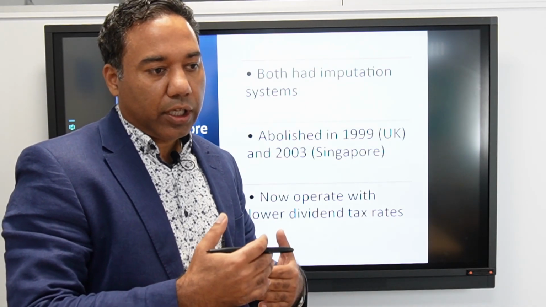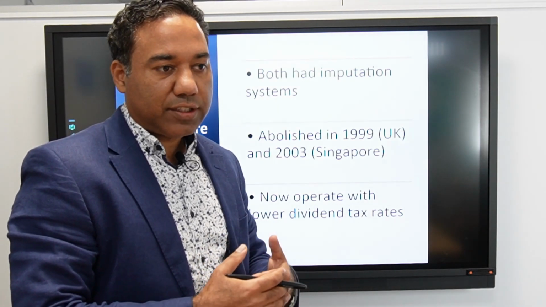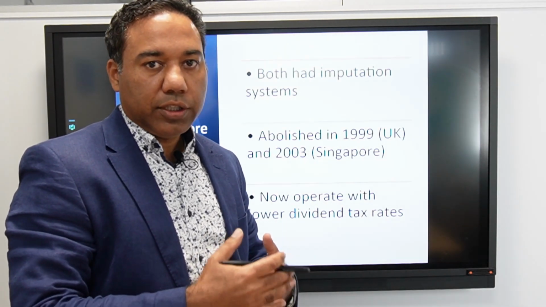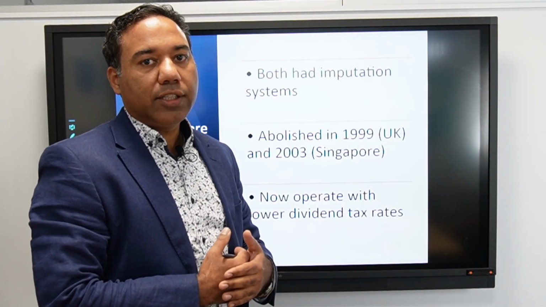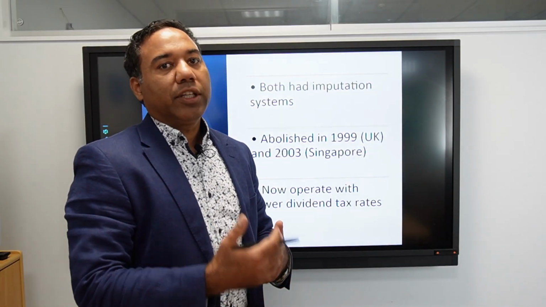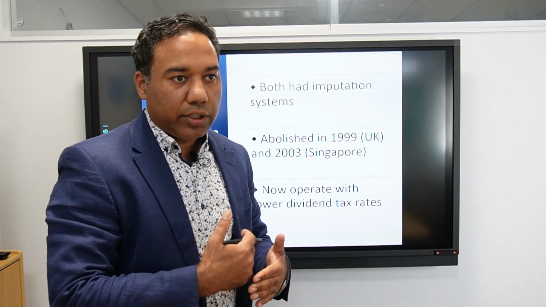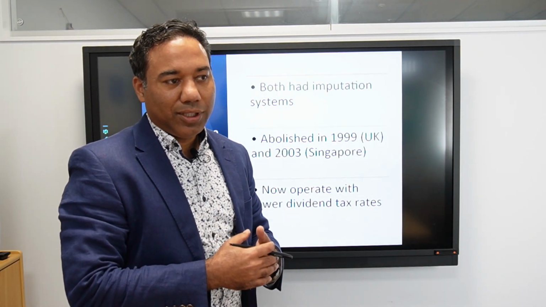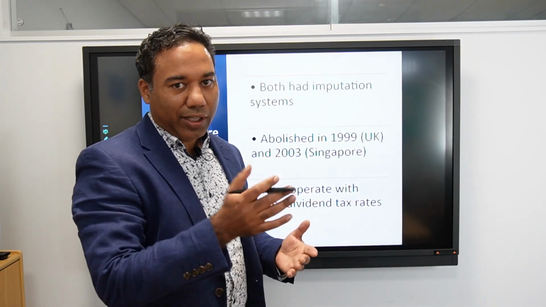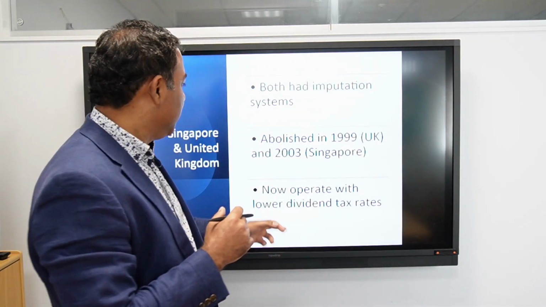So in my previous example, if that $720 is paid to the shareholder, they will declare that as their income, but they will pay tax at a lower rate. Sounds simple? It is simple, but I'll explain that in a few more slides.